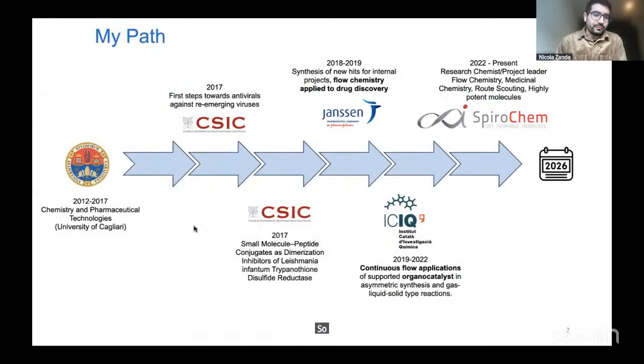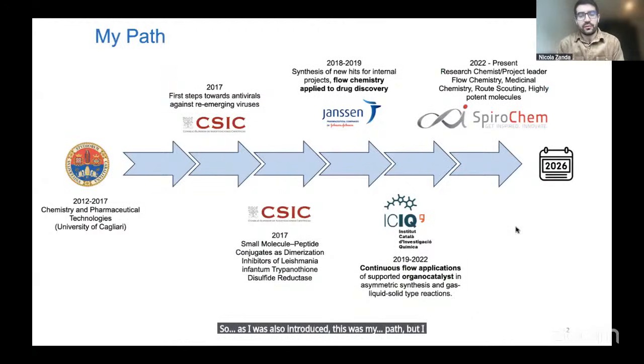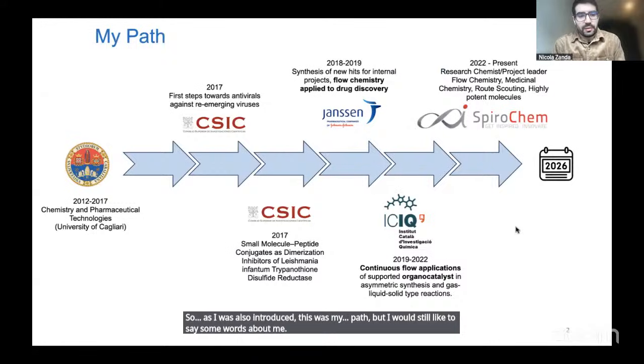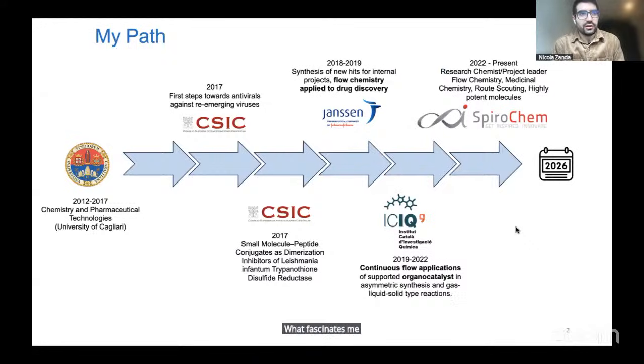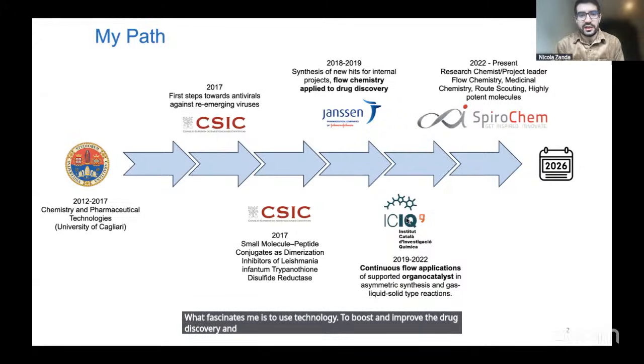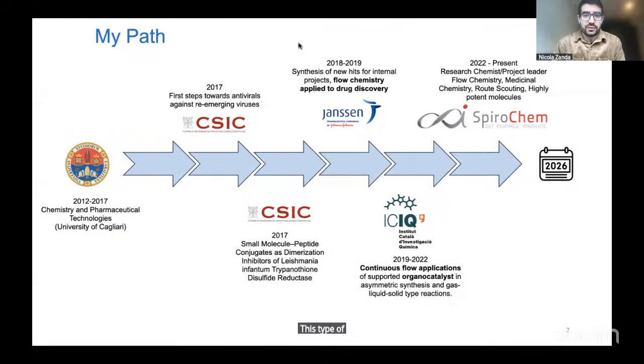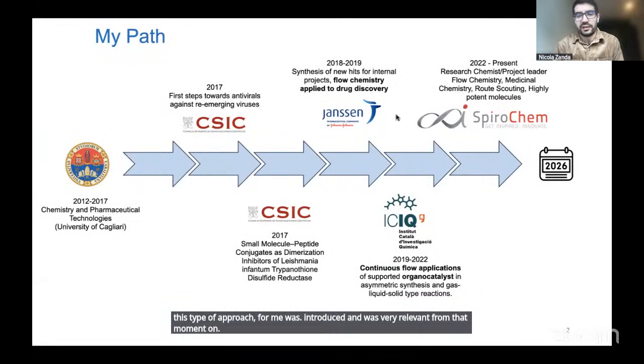As I was also introduced, this was my path, but I would still like to say some words about me. What passionates me is to use technology to boost and improve drug discovery and organic chemistry in general. This approach became very relevant for me from the moment I joined Janssen in Toledo.